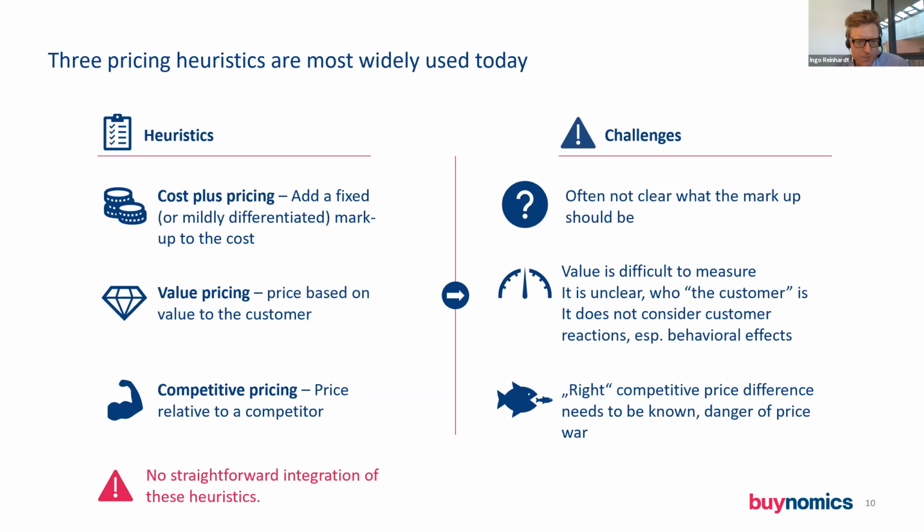And the third one is competitive pricing. The idea here is similar to value pricing, I would say, in that you look how your competitors are pricing a product and you position yourself relative to a competitor. But here again, the challenge is to identify the proper price difference versus your competitor.